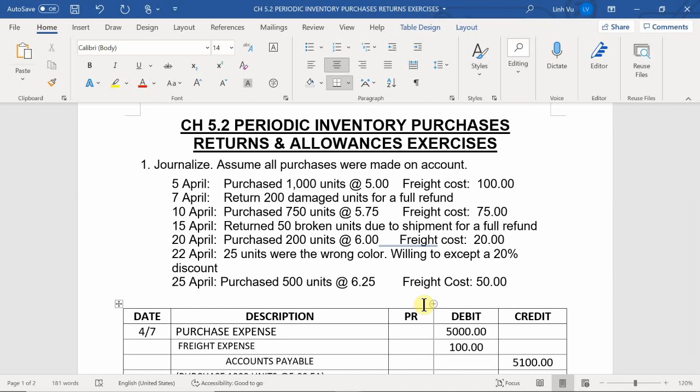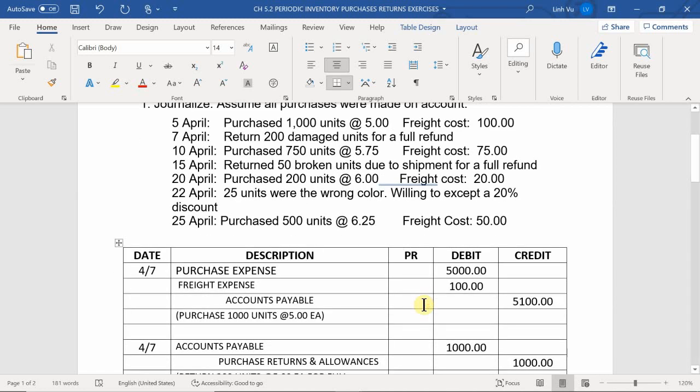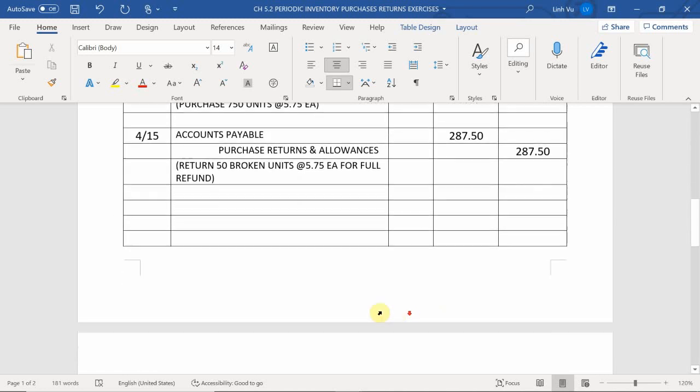If we do the accounts payable for the 25 units, 25 times 6, and then you have to add 20% more, no?